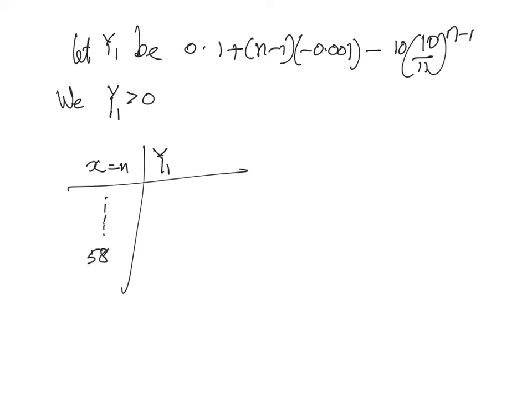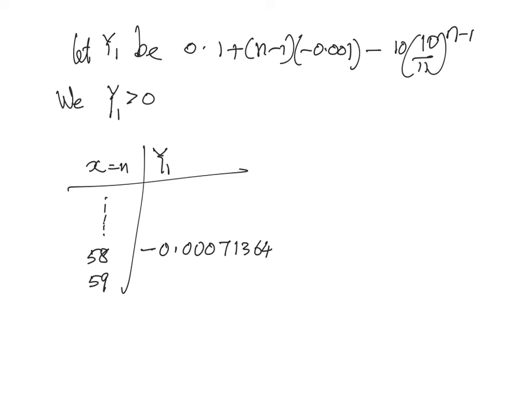58, you get something. 59 is negative 0... I'm not sure. I must use my calculator. 0.000... 71364.